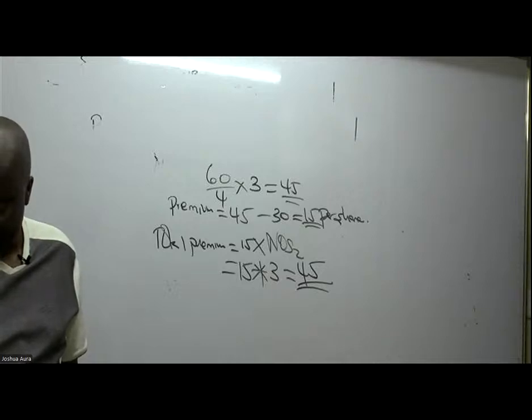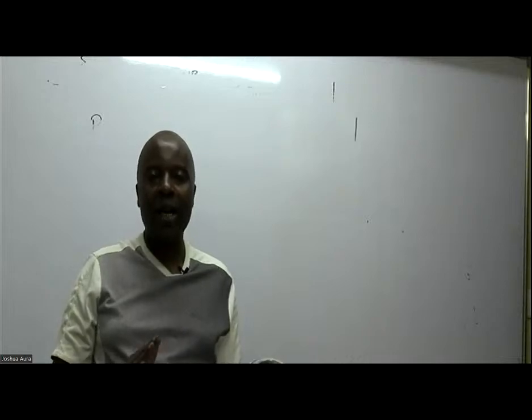Number 3. A Limited's post-acquisition earnings per share, assuming that the two companies agree on an offer price of shillings 30. So they want us to give them post-acquisition EPS.